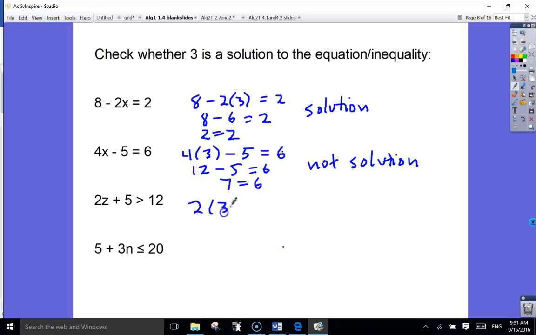Okay, how about the next one? 2 times 3 plus 5 is greater than 12. 6 plus 5 is greater than 12. That tells you that 11 is greater than 12. What does that tell you? It's not a solution. 11 is not greater than 12.